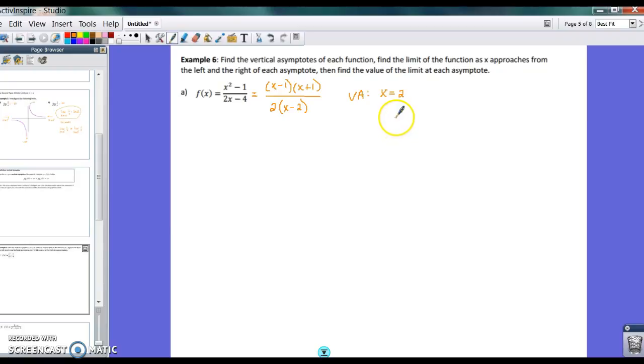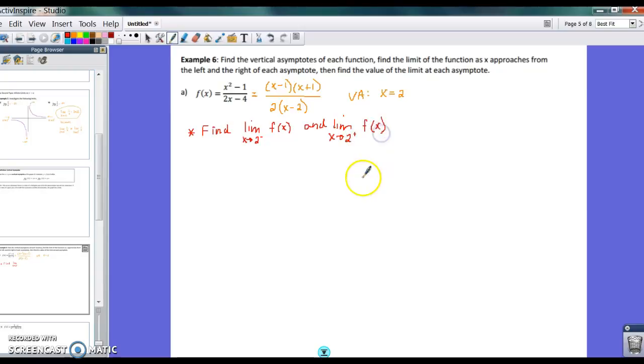Okay, so now what we're going to do, I'll do this in red so you can see these notes stand out a little bit. What we want to do is find the limit as x approaches 2 from the left of the function, and the limit as x approaches 2 from the right of the function.